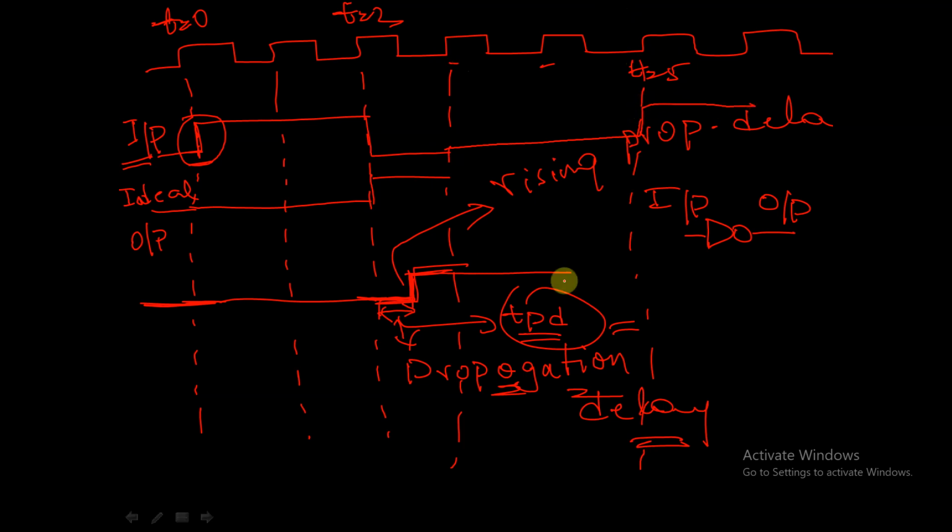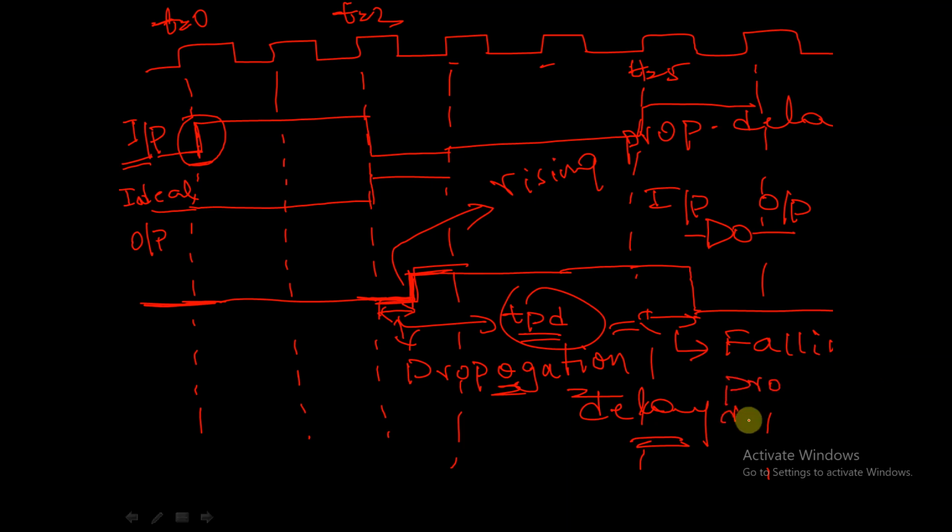Then, after some time delay, the output will change. After the input changes from 0 to 1, it takes some time and the output will change from 1 to 0. This amount of time is called falling propagation delay. Is it clear? The rising propagation delay and falling propagation delay, is it clear?